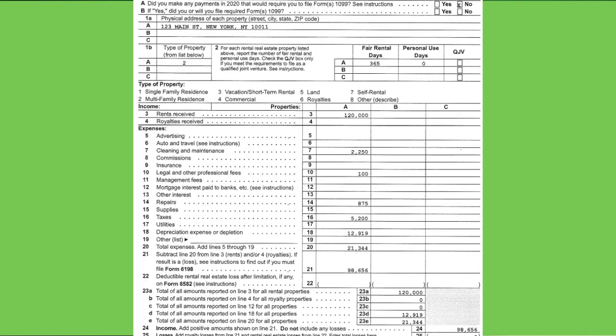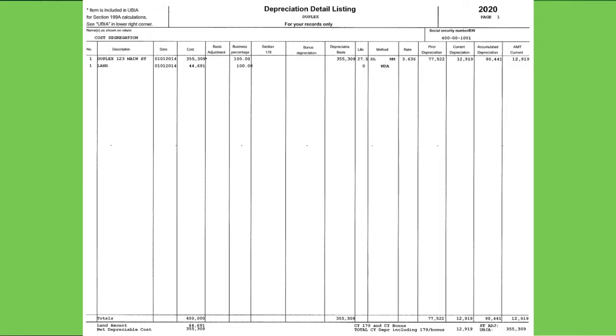It's going to be a continuation of what you've done, and we're assuming, again, we started in 2014. We're going to assume that we've been depreciating this as we were supposed to at 27.5 years since 2014, so for 6 years. You can see the Schedule E, and then you can actually see the depreciation schedule, which shows the depreciation that has been taken up into 2020 and including 2020.